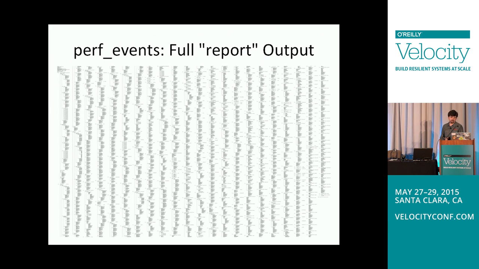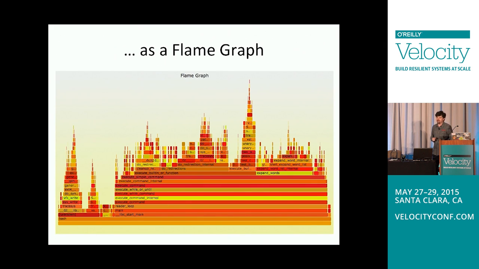Because of this need, just drowning in stack samples, a while ago I came up with a visualization called a flame graph, where the x-axis is the alphabet, and it merges stacks, and the y-axis is the stack depth. Colors are not meaningful for that example. A flame graph is a quick way to visualize where code is spent. The wider it is, the more often it was involved. The top edge is who's on CPU.